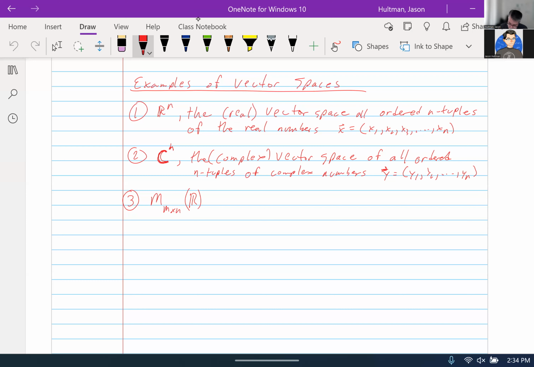This is the real vector space of all m by n matrices with real elements.